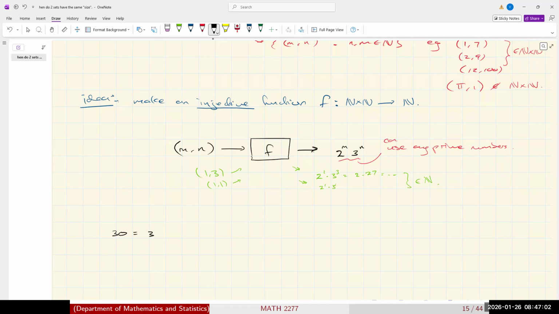So 30 is 3 by 10. 3 is a prime, but 10 is not. So 3 by 10 is 3 by 5 by 2. This is unique.